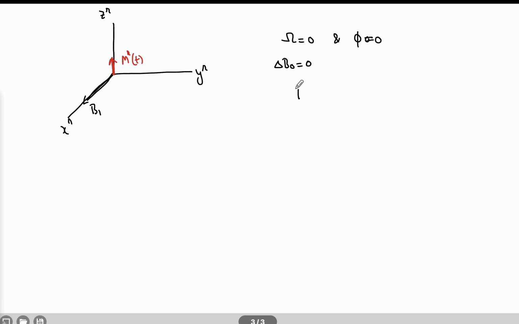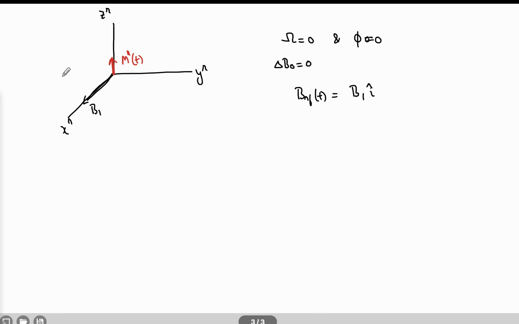So in that case your B RF of t is actually equal to B1 I cap. There is no y component now because that goes to 0. So now I can call it the B1 field.